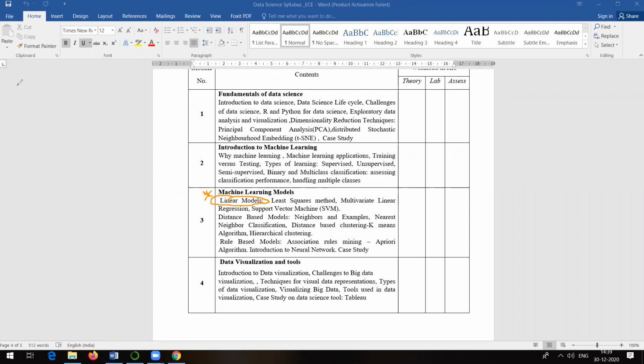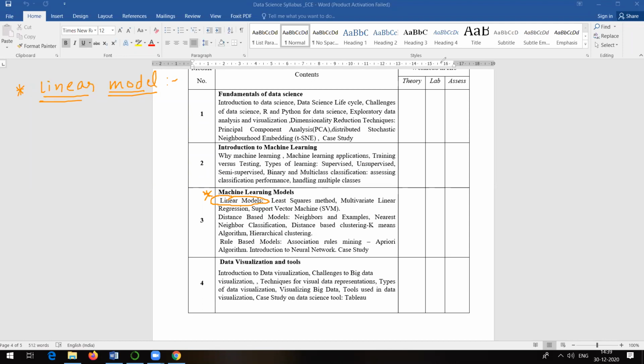At the end of this topic, I will show you one model which will be created, and we will deploy it onto cloud, right? So let's see how it all goes.